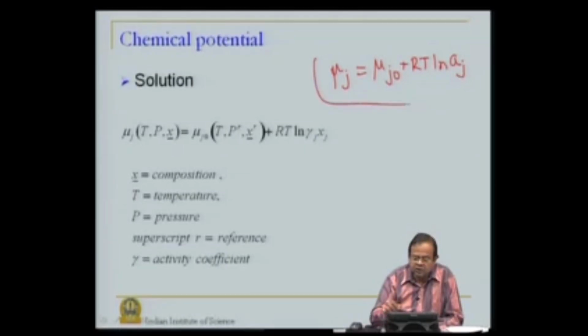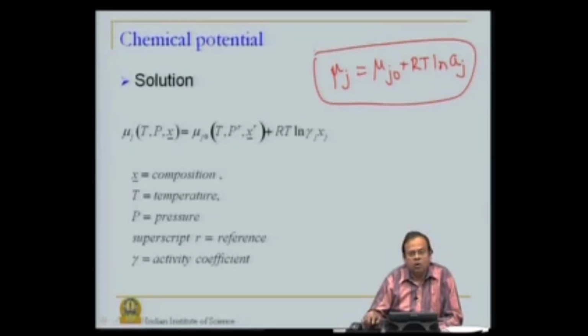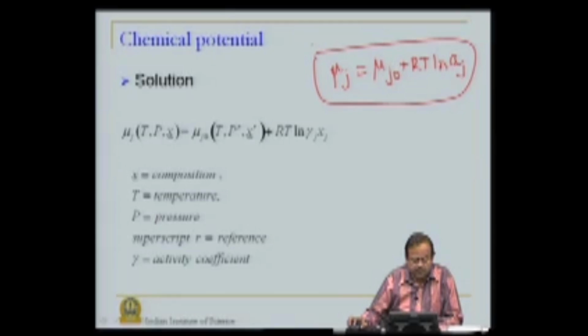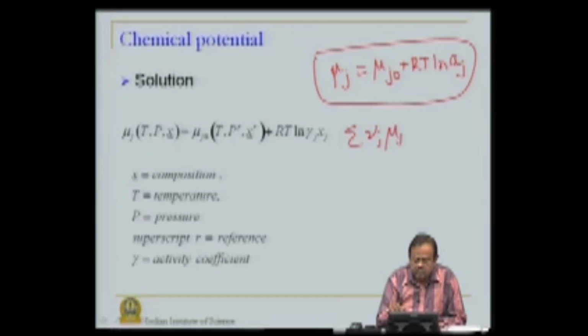So, this is just a simplified representation of our chemical potential, mu_j equal to mu_j0 plus RT ln A_j. Okay. So, we have the equilibrium condition, summation nu_j mu_j equal to 0.